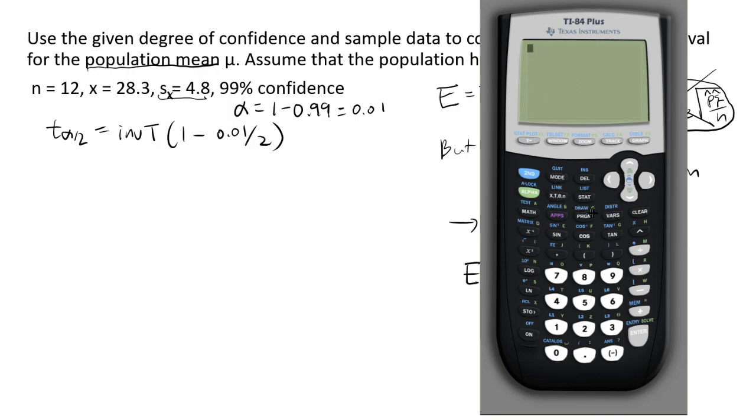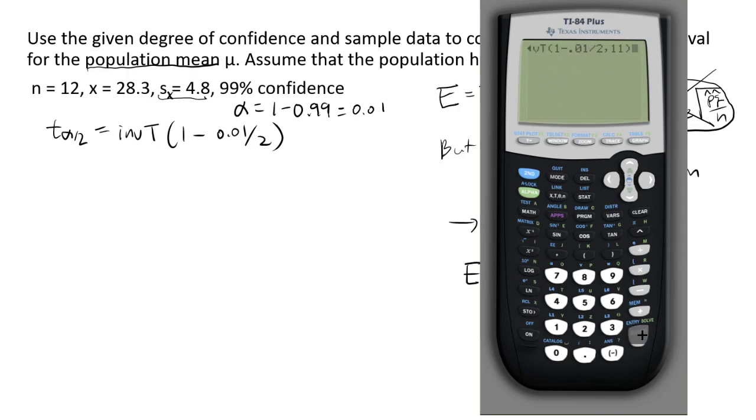Clear, and then we have second vars, go to inverse t, and you want to put in 1 minus 0.01 divided by 2. Oh, but then it's asking for degree of freedom. Well, degree of freedom for t-distribution is always the sample size minus 1. So we put 11 for it.